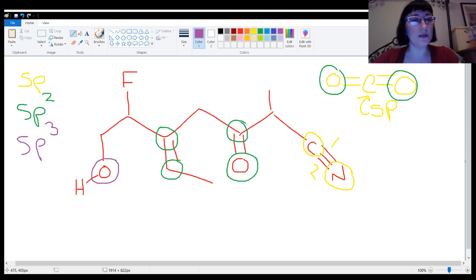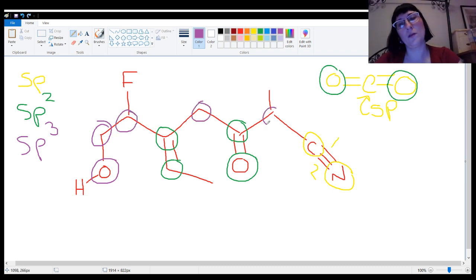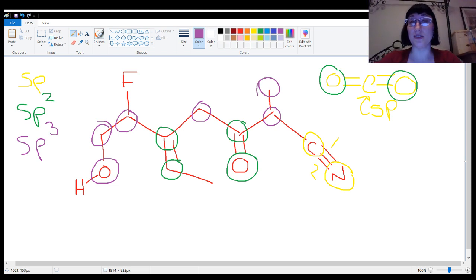So my oxygen, and we're not looking at hydrogens, right? This hydrogen here technically has no pi bonds. The hydrogens don't hybridize. So we have to look at everything that we know can hybridize: oxygen, carbon, carbon. Fluorine is a halogen, and we're making the assumption for this class that halogens don't hybridize.